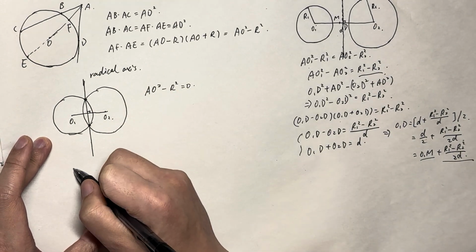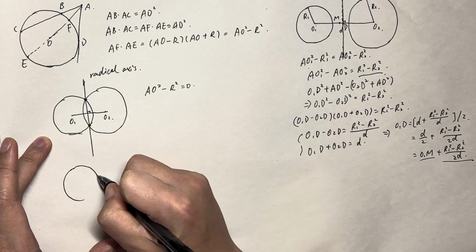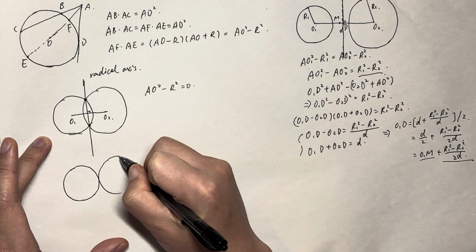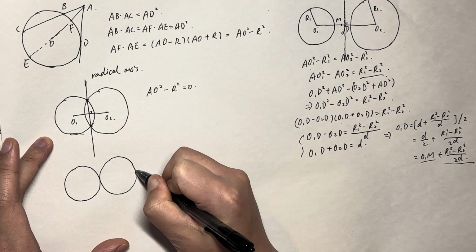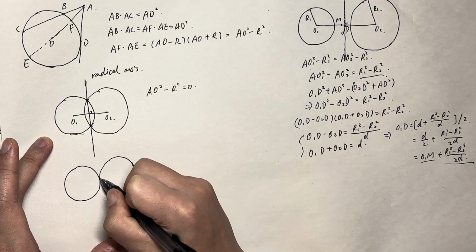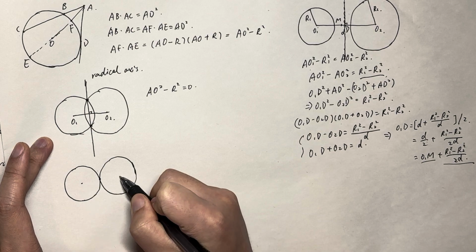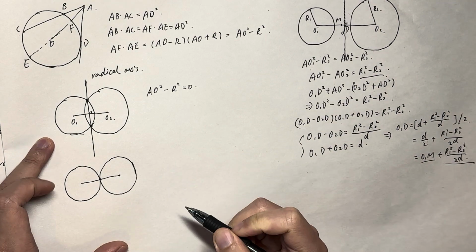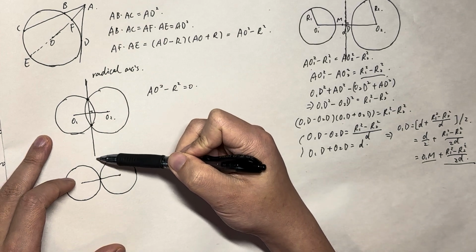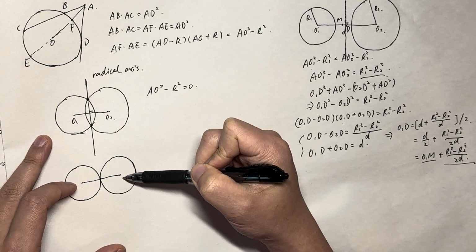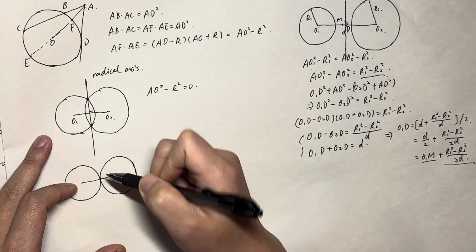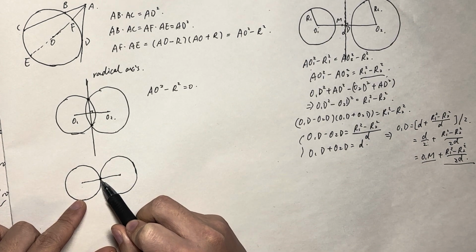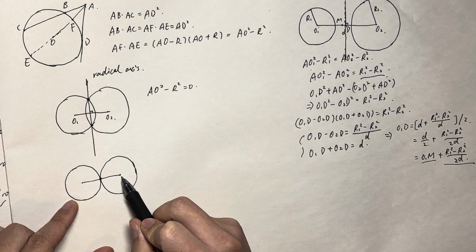And similarly for the tangent case, right? For the tangent case, we already know that the radical axis has to be perpendicular to O1, O2, and we know this point here has an equal power to O1 and O2, equal to 0.